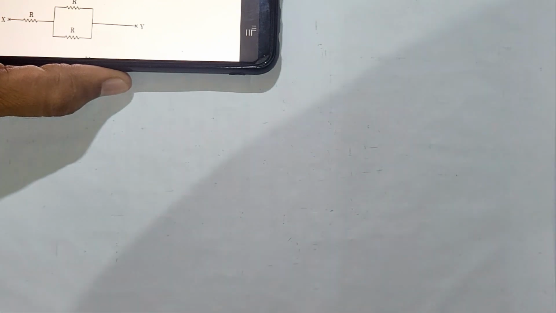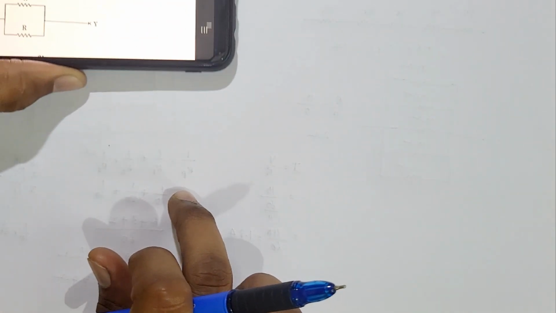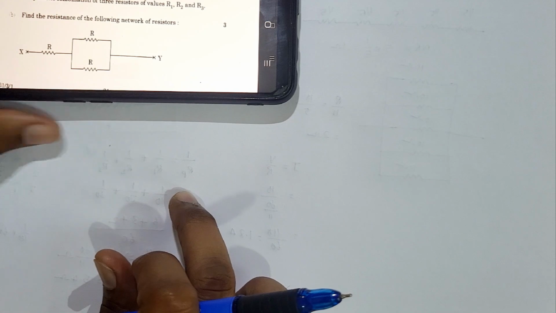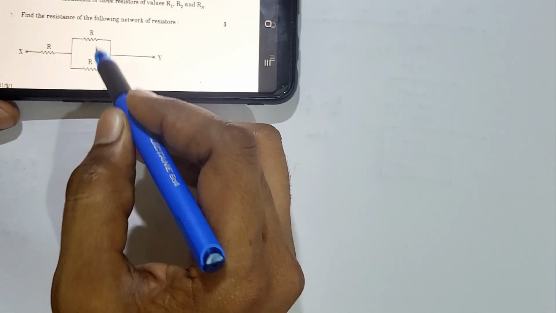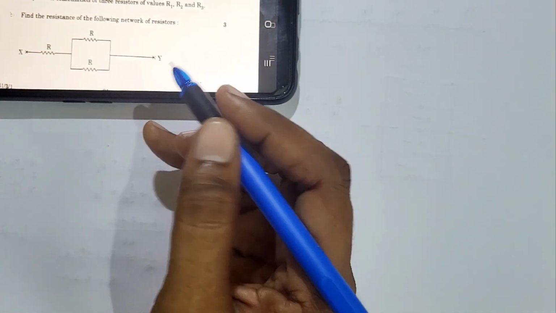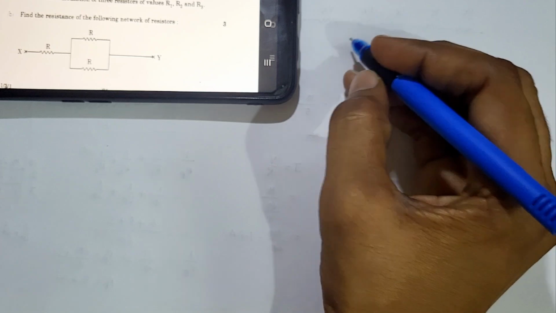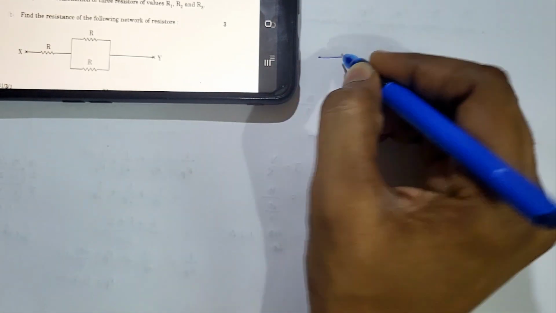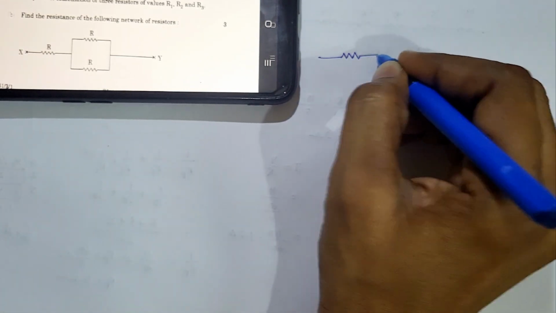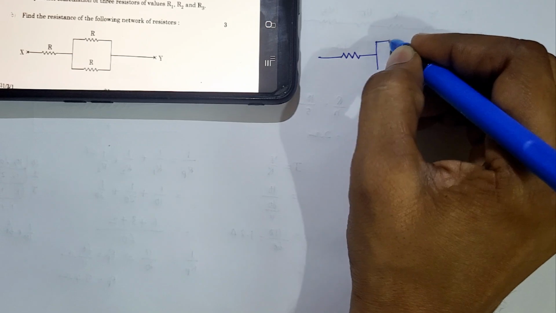When a problem is asked on both series and parallel together, how to solve it now? First solve this circuit. See, here a resistance R and two resistances are given.